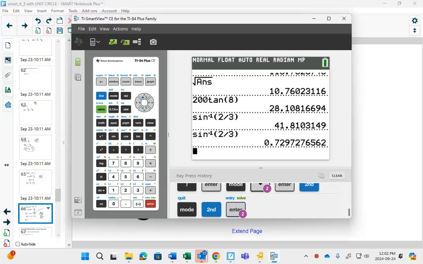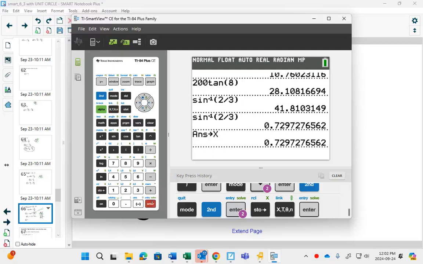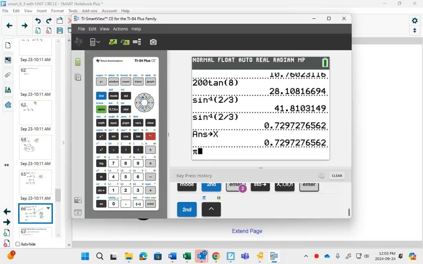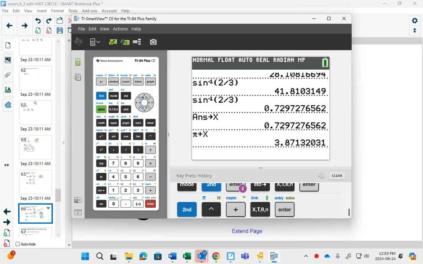Since I know that I'm going to be using my reference angle more than once, I really like the store button on my calculator. And right beside the alpha button, let's just store it as X. It doesn't affect any graphing, and whatever you stored as X previously gets replaced. And so now I can do pi plus X instead of having to write all those decimals. 3.871.